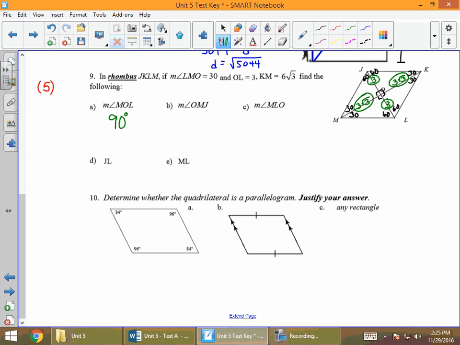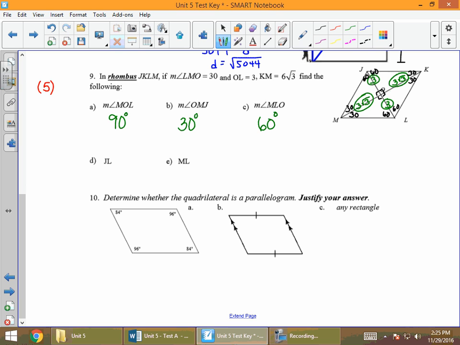OMJ is out here, this angle, which is 30 degrees. MLO. Down here, this angle is 60 degrees. You'll notice it's just a lot easier for me to fill in the whole triangle, fill in everything I know, and then just take the parts I need.